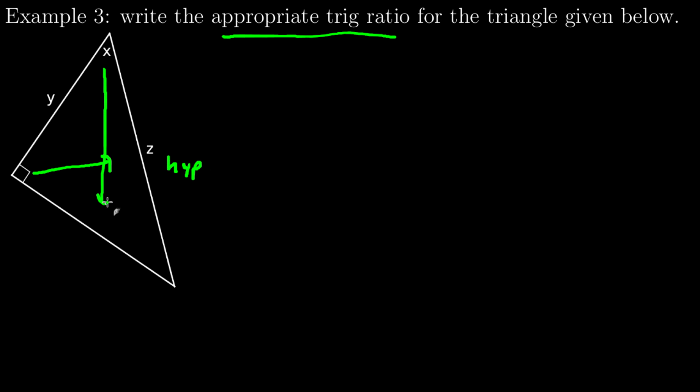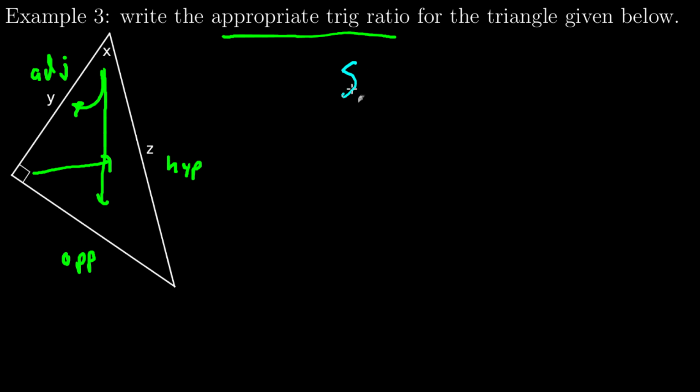Across from my given angle, this is the opposite leg. And next to my given angle, this is the adjacent leg. And again, notice how the location of these keeps rotating and flipping, but it's always based on the angles I'm given. Actually, let me write down the mnemonic device.